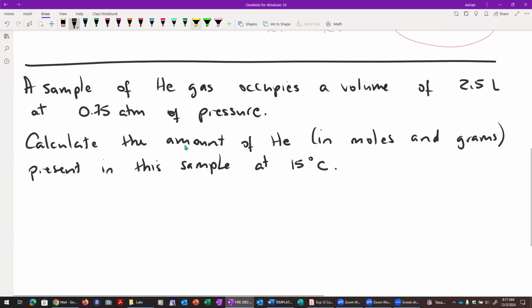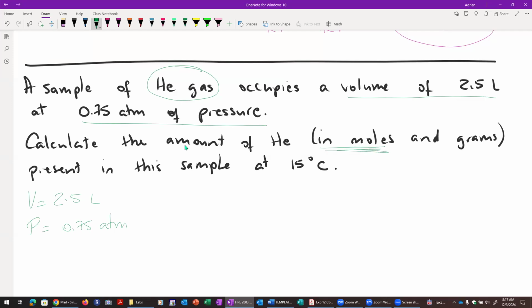So for example, if in this question it says a sample of helium gas, right away we know it's helium, He, and it gives us a volume of 2.5 liters. We know V is 2.5, and then it tells us a pressure of 0.75 atm. So we know that P equals 0.75 atm, which is atmospheres. And we need to calculate the amount of helium, both in moles and in grams.